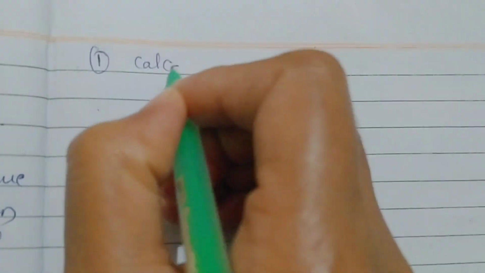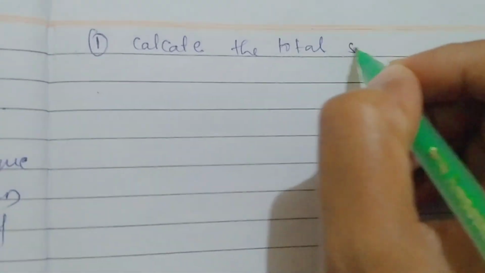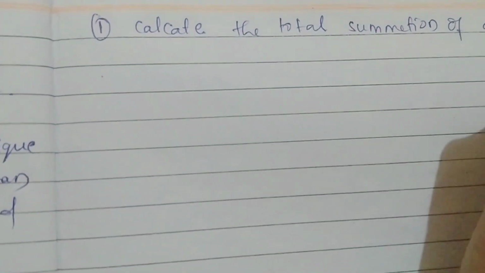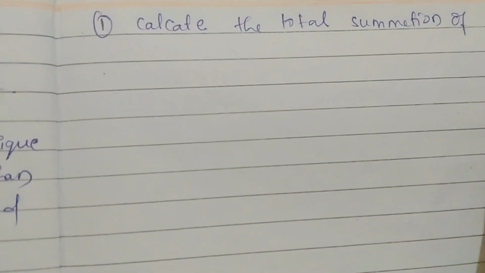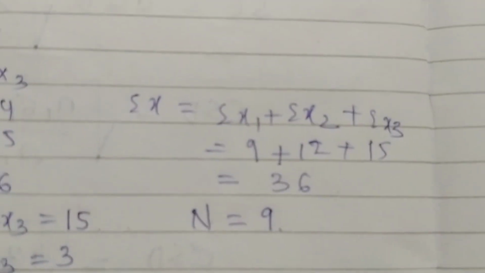The first step here is calculating the total summation of all group observations, which we have already calculated. Adding all of them, we got 36.